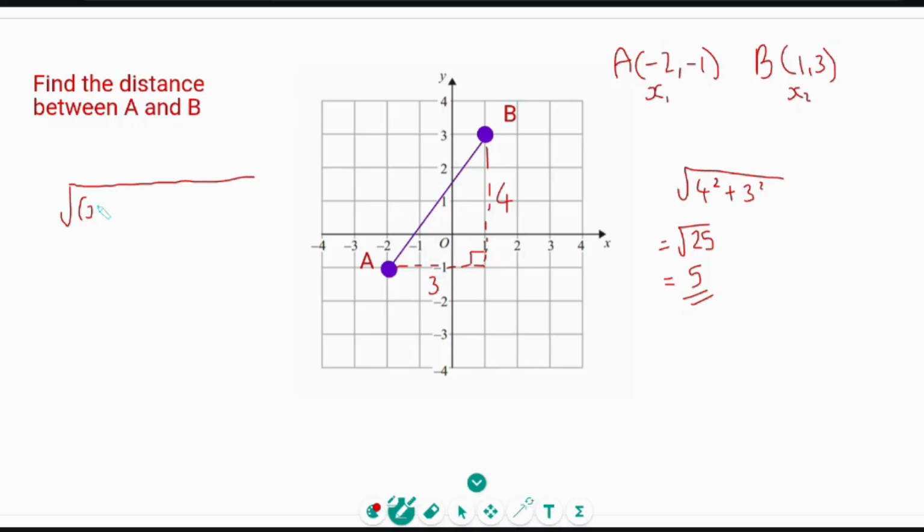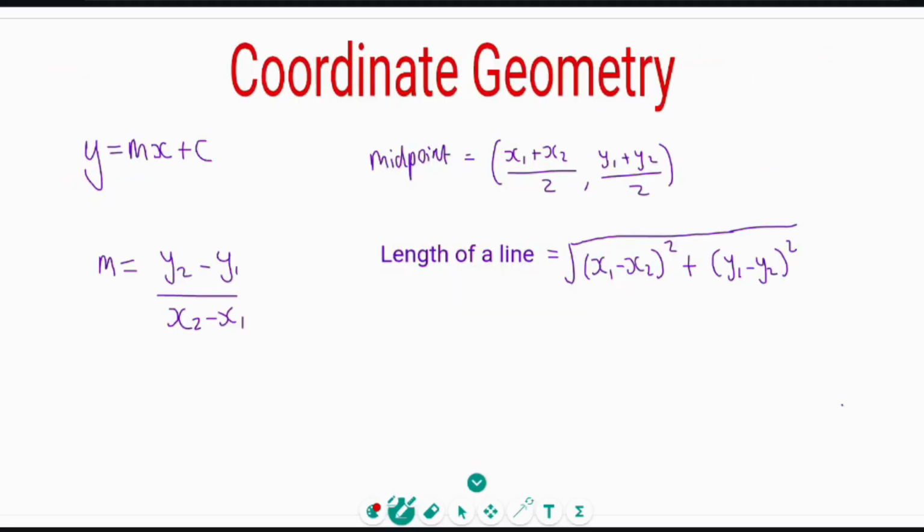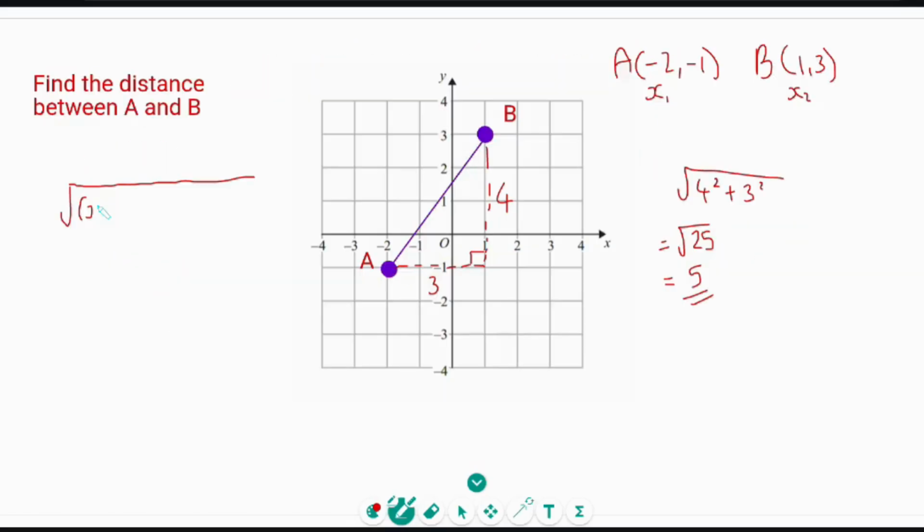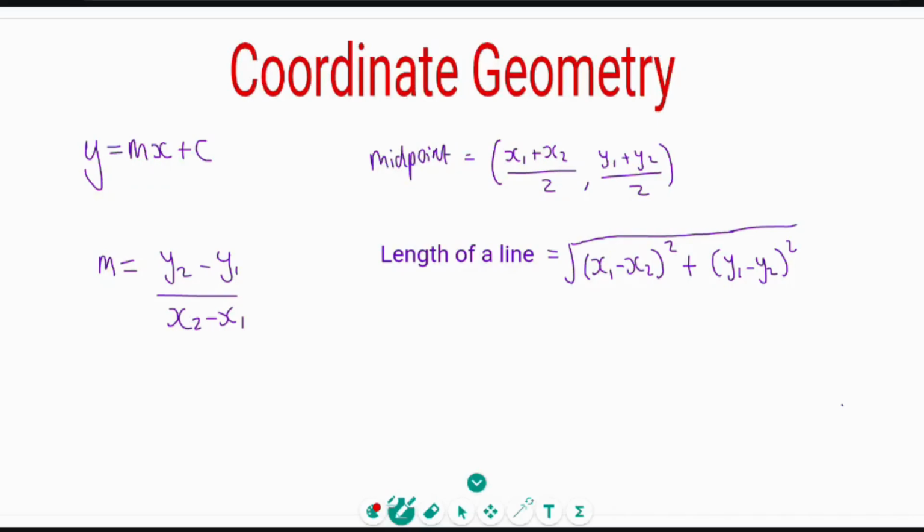And then to find this 4, we need the difference between the y coordinates, which is 4. And we squared them, added them, square root. I would suggest adding the length of the line formula to your formula sheet. Then we have the general equation of a line, gradient, midpoint, and length of a line.